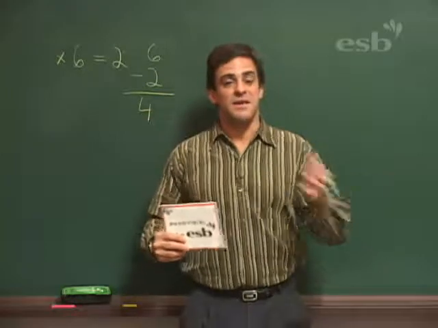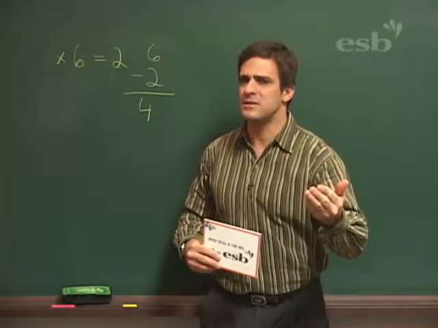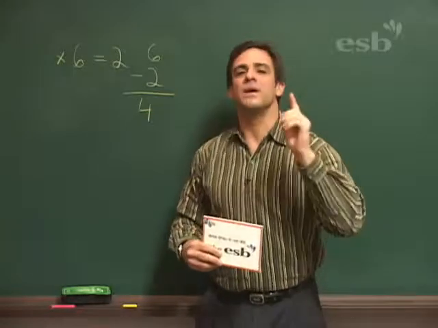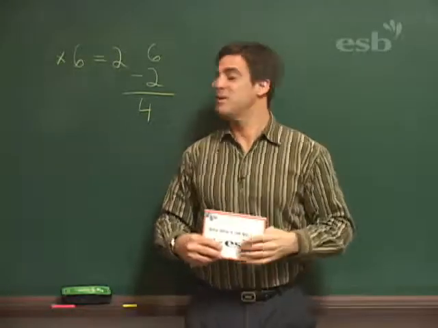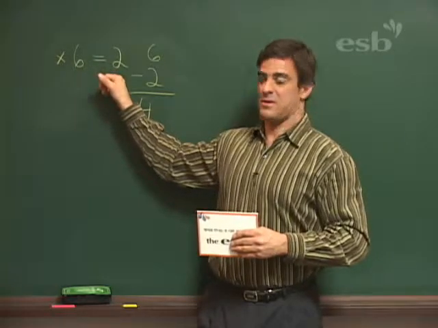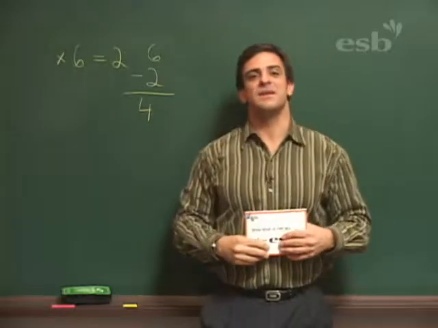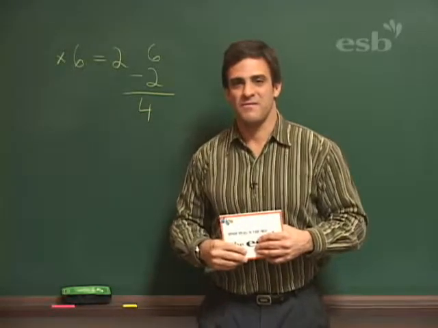There's our answer. The answer is 4. What do we call the answer? We call it the difference. What is the difference between 6 and 2? 4. 6 minus 2 equals 4. Good work!